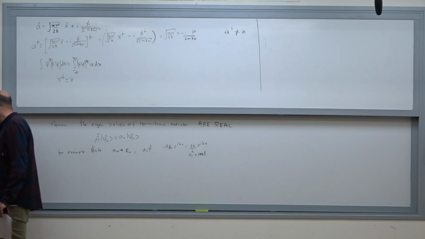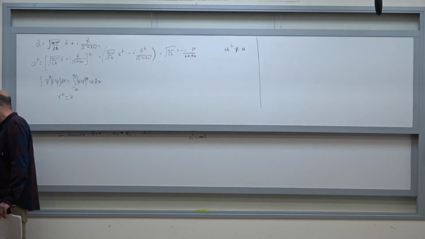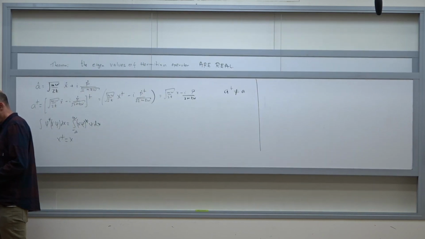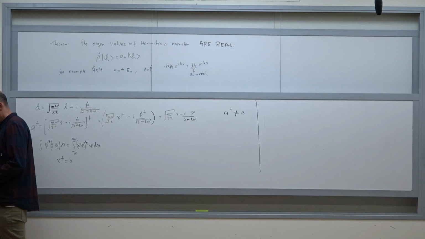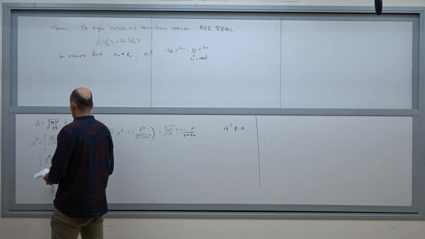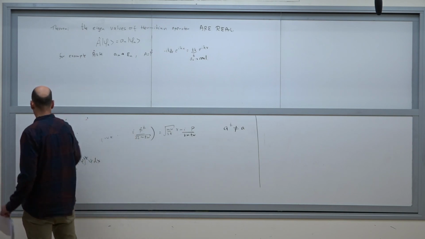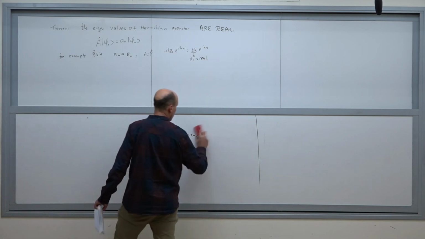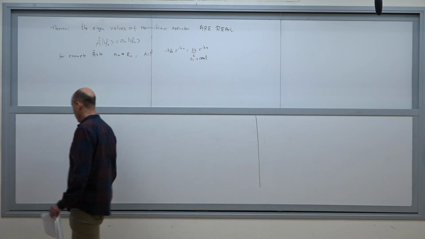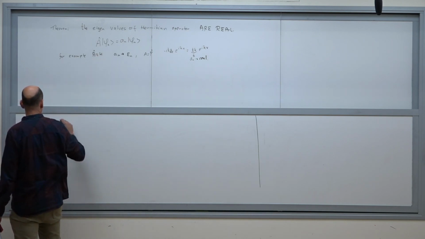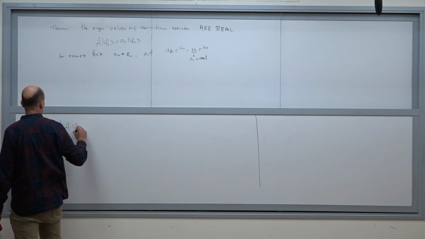Let us do it with a discrete type of setting. Simple. So what we will do, we will take phi n, we'll multiply this equation by phi n, phi n with A phi n.